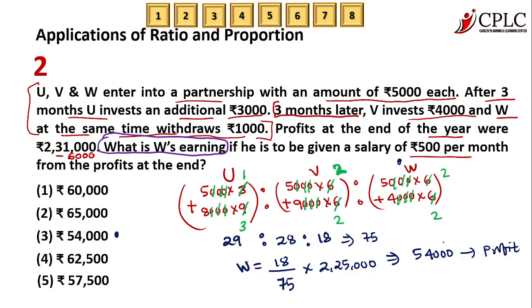So I hope you understand for earnings, his salary should also be added in the earning. So according to me, the answer, because they are asking earning, should be 60,000, which is answer option 1 and not 54,000. Be very, very, very careful before marking any final answer.